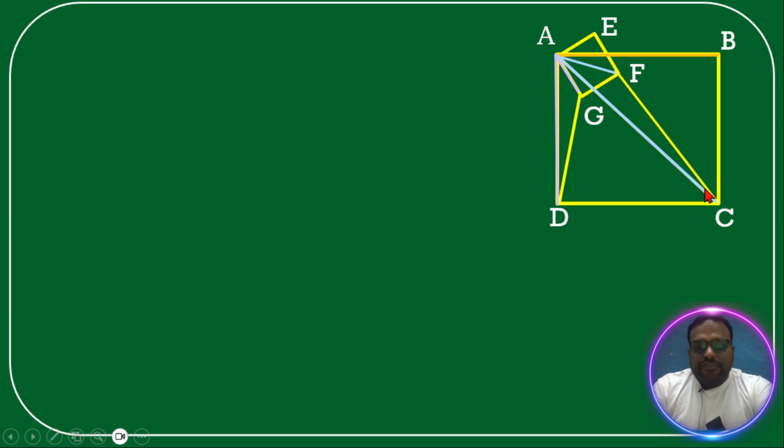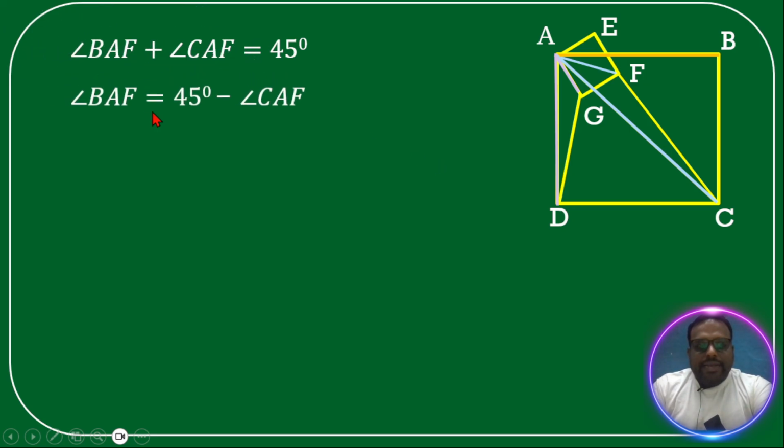So angle BAF plus angle CAF is 45 degrees. Now if I take angle CAF to RHS, I am left with angle BAF is equal to 45 degrees minus angle CAF, right? Let us name this equation number 4.